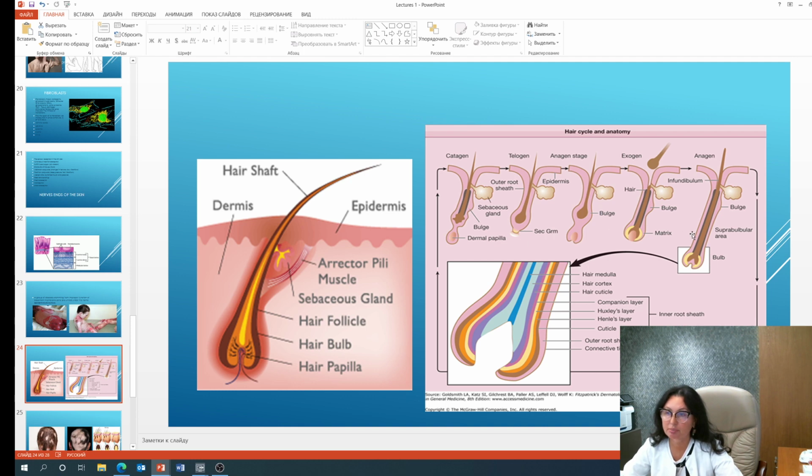This picture displays hair regrowth. This process continues throughout life and depends on the stage of hair growth. In the anagen stage, the hair is growing, and the follicle has a bulb that supplies nutrition for the growing hair.